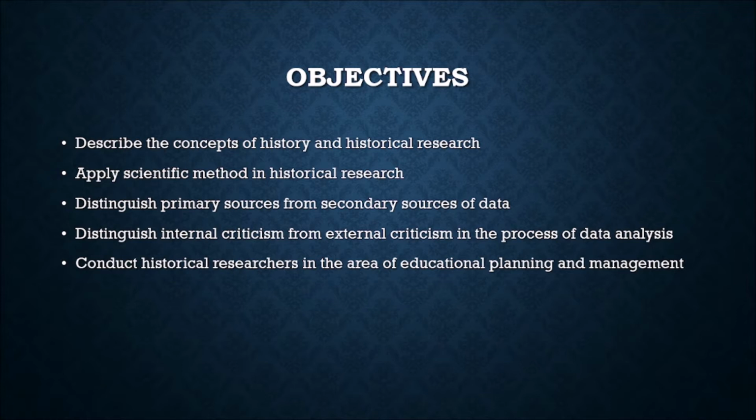Number 1 is objectives. It is expected that on the completion of the unit you will be able to: number 1, describe the concepts of history and historical research. Number 2, apply scientific methods in historical research. Number 3, distinguish primary source from secondary source of data.